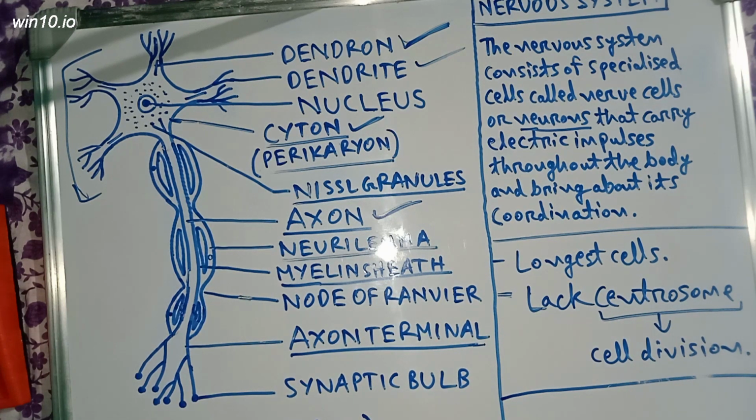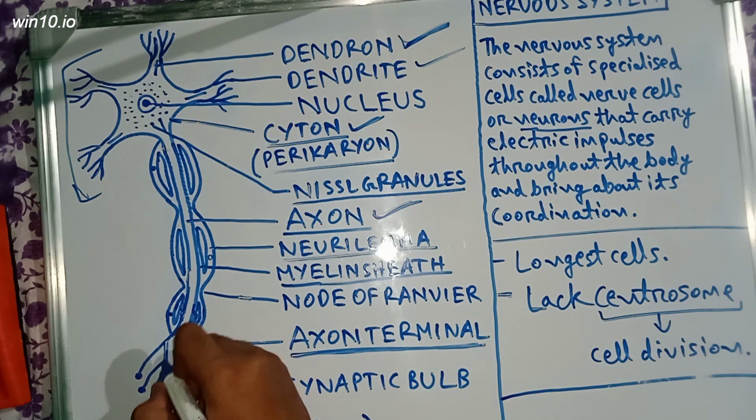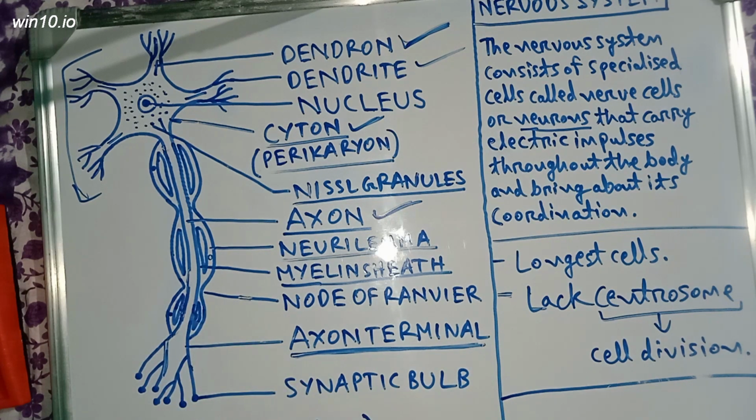Now, this is where the axon ends. This axon ending or axon terminal is where the neuron ends. This is the terminal ending of the neuron. From this axon terminal, certain root-like extensions arise, and at their ends they have certain blob-like structures or bulb-like structures known as the synaptic bulbs.